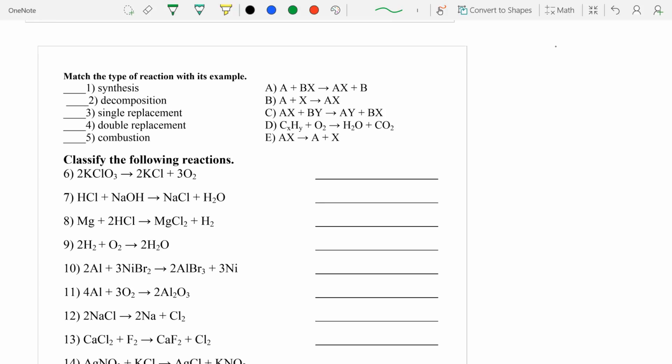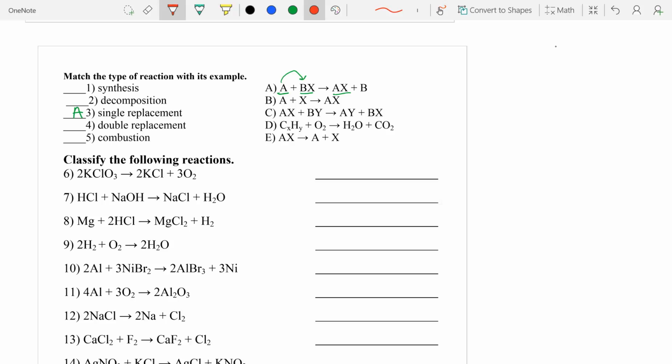If we want to practice identifying our reactions, here we have an element by itself that swaps places to become AX. That's the Homewrecker. A is coming in and breaking up BX to steal X away from B. So Homewrecker would be the single replacement. So number 3 is A.